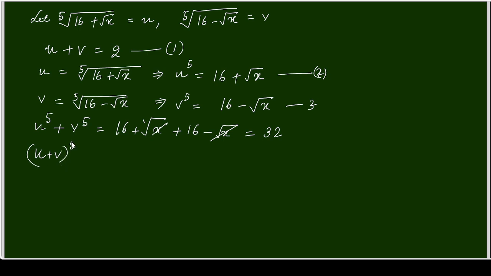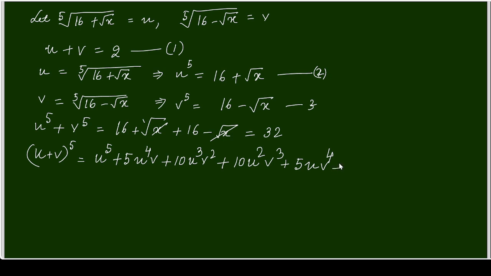When I expand (u plus v) to the power 5, I am using the binomial theorem: u to the power 5, plus 5 combination 1, that is 5 u to the power 4 v, next 5 combination 2, that is 10 u cubed v squared, then 5 combination 3, that is again 10 u squared v cubed, then 5 combination 4, that is 5 u v to the power 4, and the last one is 5 combination 5, that is 1 times v to the power 5.